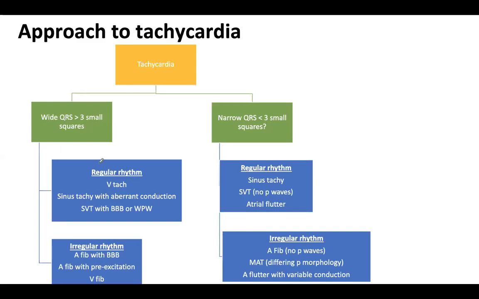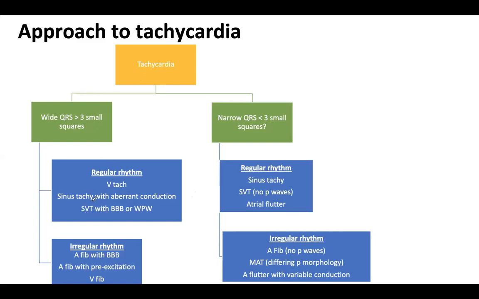So causes for tachycardia and a wide QRS complex with a regular rhythm could be ventricular tachycardia, or sinus tachycardia with aberrant conduction. This basically means a sinus tachycardia, which we saw, but aberrant conduction means not all the beats are moving down from the atria to the ventricles.